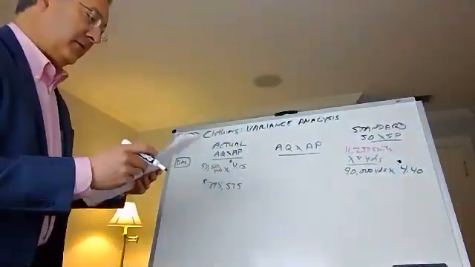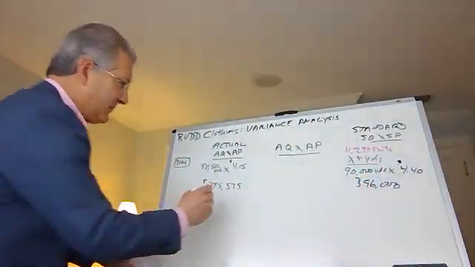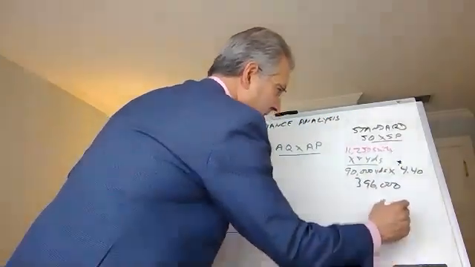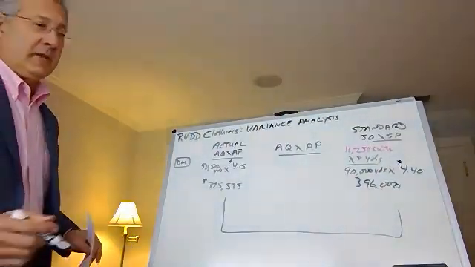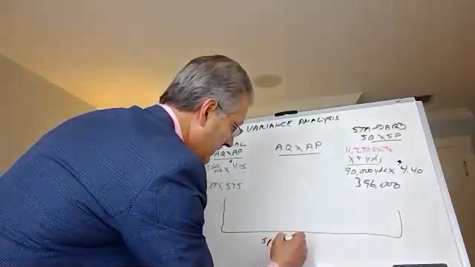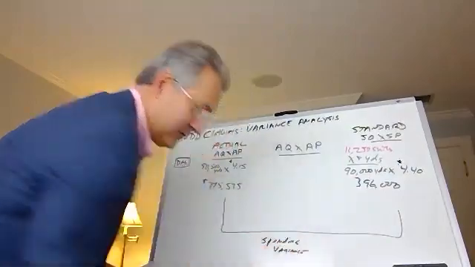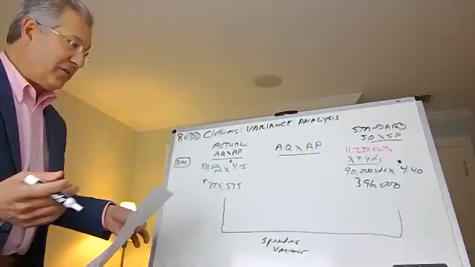They should have spent a total of $396,000. The difference between the actual and the standard is known as the spending variance, also known as the total variance or the overall variance.